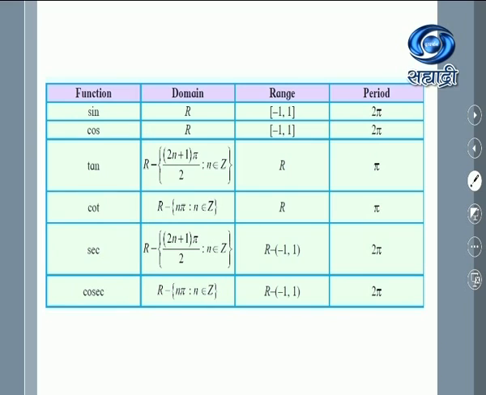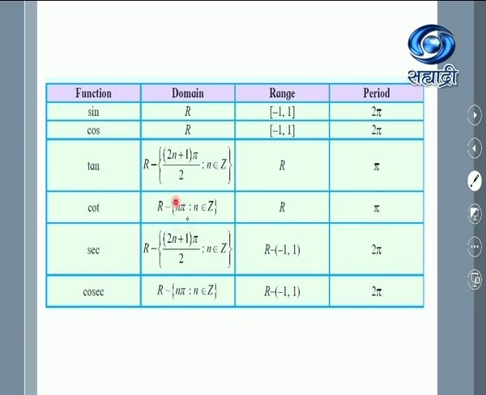Okay, let us move to the cotangent function. For cotangent function also, we have to exclude these type of angles which are n pi in nature, that is n belongs to Z, n is any integer. Why? Because this cot theta we write as cos upon sine, right? And the denominator must be non-zero. If I consider sine 180 degrees, sine 180 degrees is always 0. So that becomes undefined.